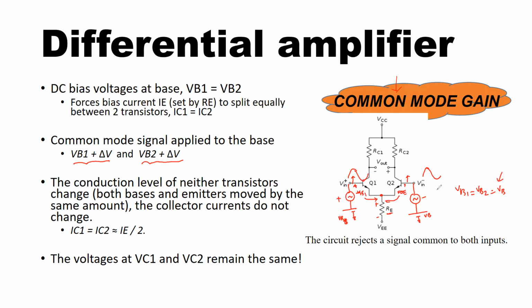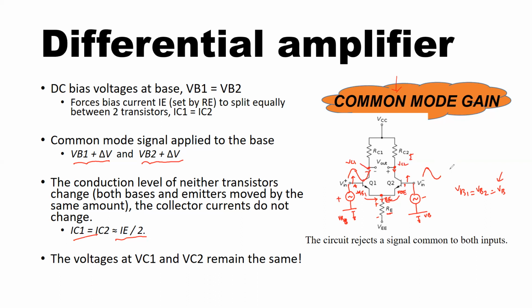You would say that your emitter current IE remains constant, and it is equally split between the two collector currents. That's why IC1 is equal to IC2, approximately I by 2, neglecting the base currents of the transistors. Therefore VC1 and VC2 vary by the same amount.